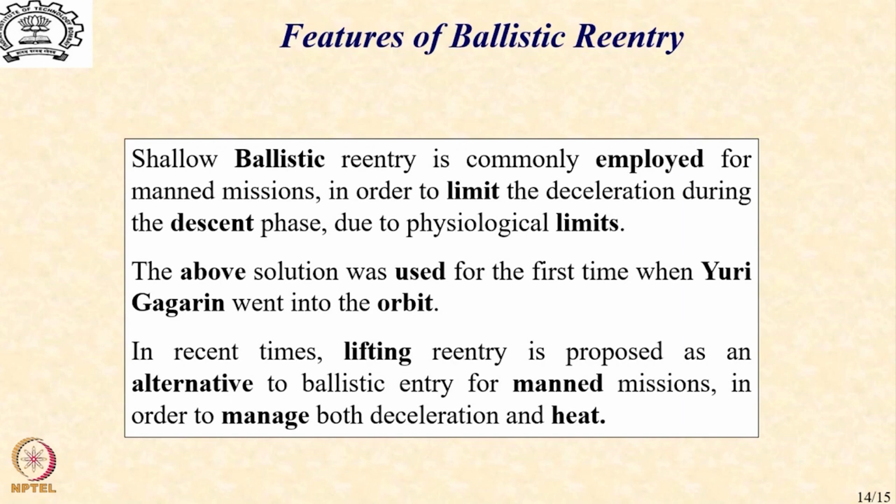If you want to do the heat management in the shallow ballistic trajectory, then the amount of time that it would require to remain in the orbit before it comes back to Earth is going to be very large. So, the lifting re-entry provides the additional flexibility of maintaining the deceleration and the heat load while performing entry for manned missions.